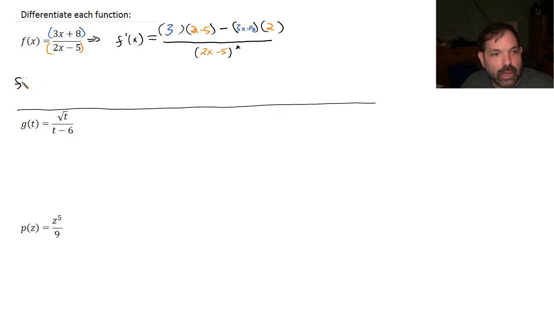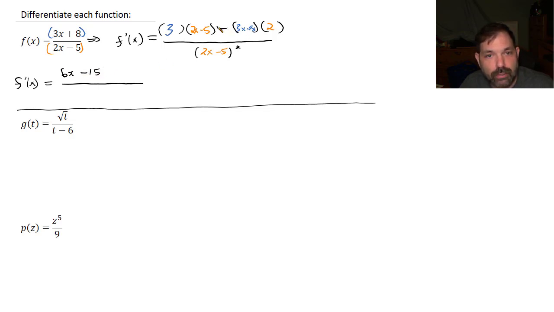So then f prime of x would be, and what we generally do is, we simplify the numerator, either by distributing and combining like terms, or maybe doing some factoring if necessary. And we generally leave the denominator alone for these. So I'm going to distribute carefully. This is going to give me a 6x minus 15.